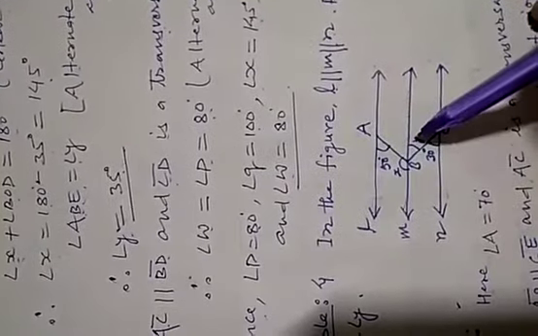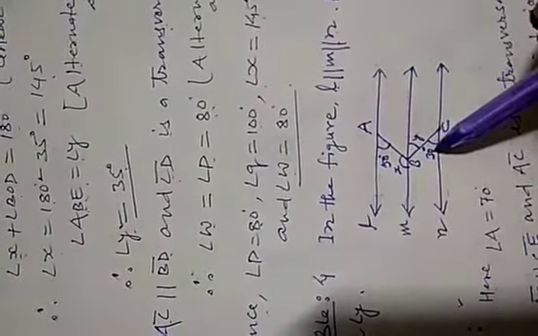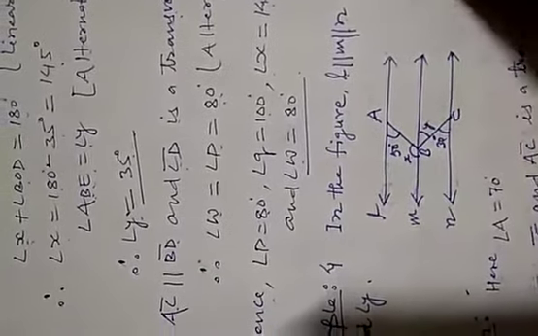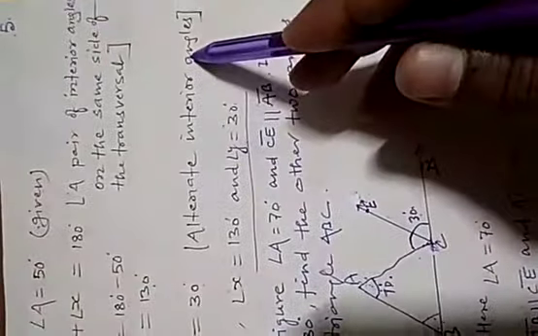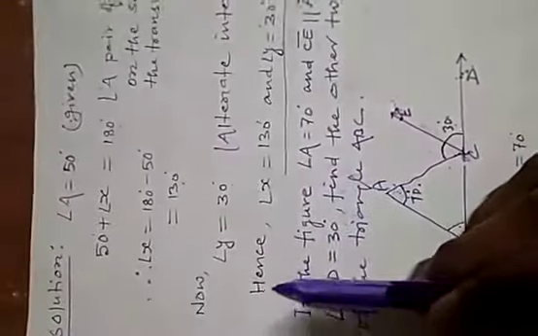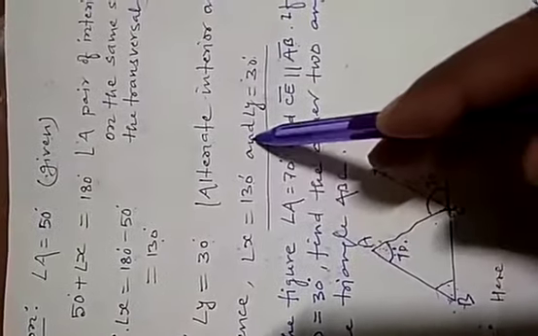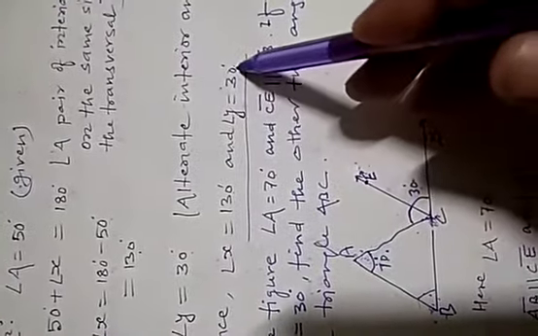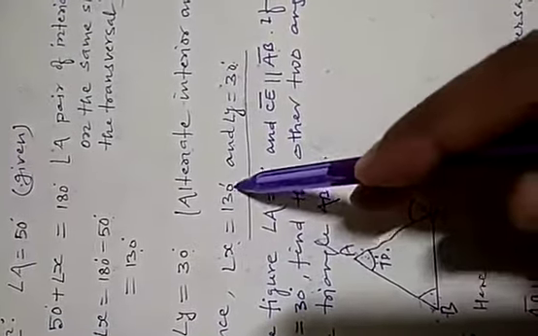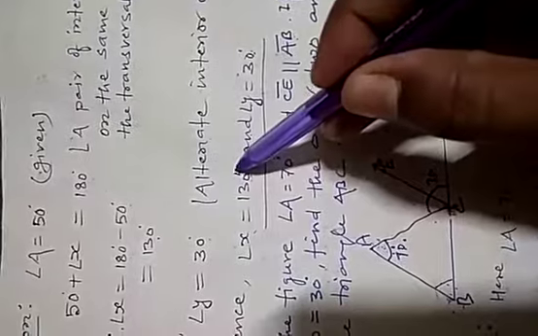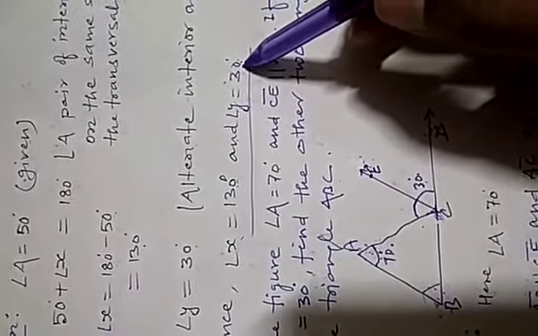Therefore, we can say angle Y is equal 30 degree. Alternate interior angles. Hence, angle X is equal 130 degree and angle Y is equal 30 degree. Clear?